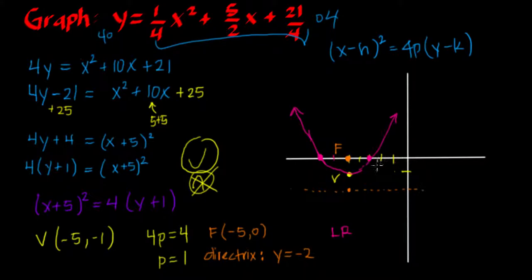If I just count it, it's going to be (-3, 0) and then (-7, 0), which makes sense with the numbers that we have over here. It needed to be 2 spaces to the right of the (-5, 0), and 2 spaces to the left of the (-5, 0). Thanks for watching. If you have any questions, please hit me up in class.